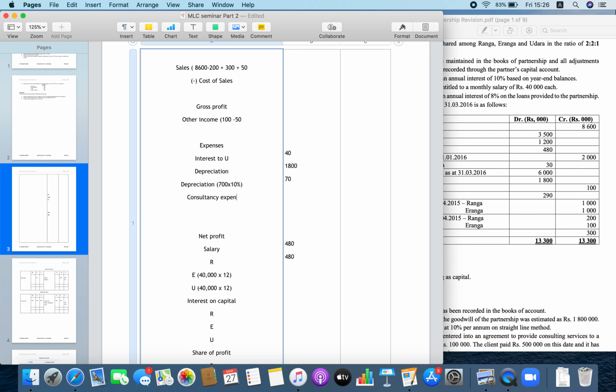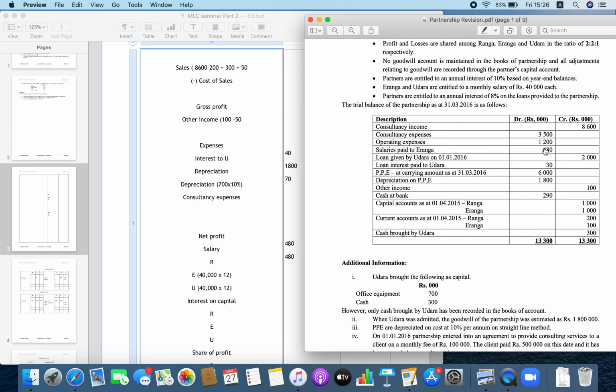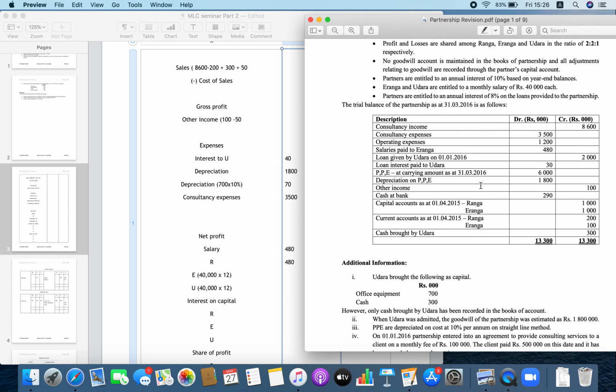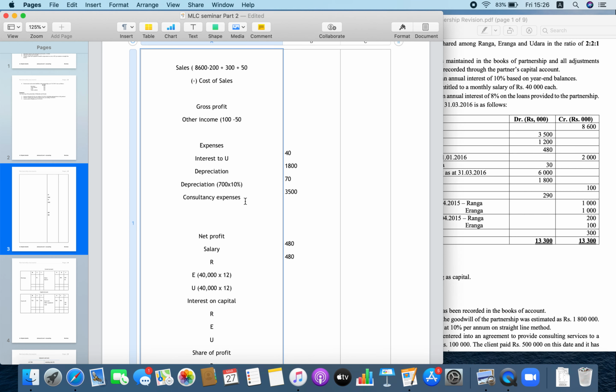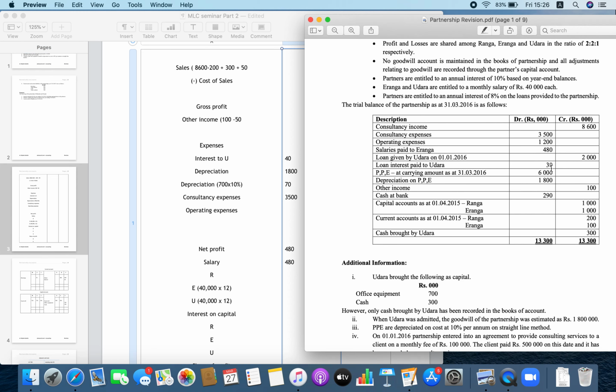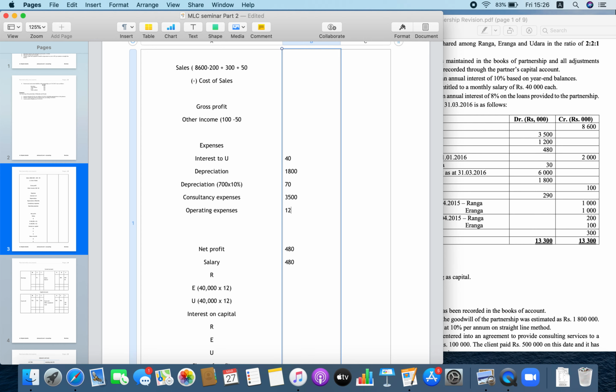Consultancy expenses, so that's going to be 3500. You also mark over here 3500. Next one, operating expense, that is also an expense. So you mark over here operating expenses, that's 1200.